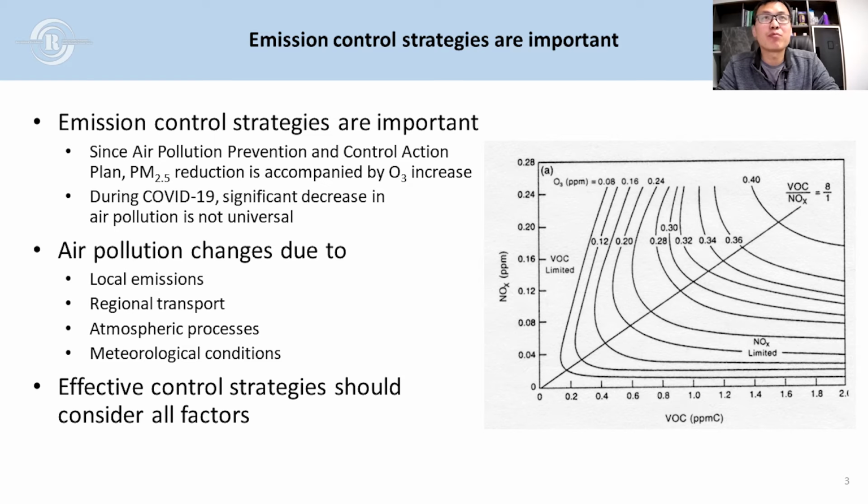This is due to the air pollution. The changes of air pollutant concentrations are due to local emissions, regional transport of air pollutants, atmospheric processes, and meteorology conditions. So an effective control strategy should consider all the factors instead of only some or one of them.